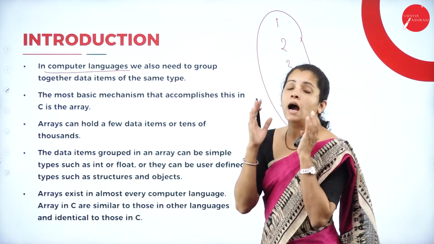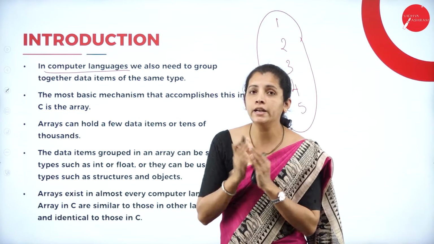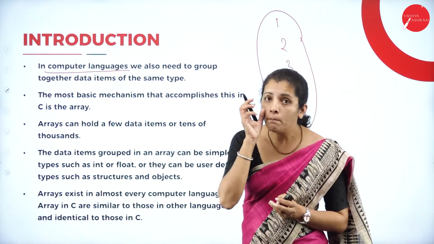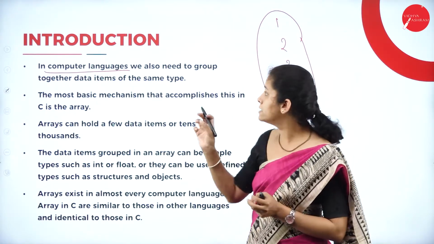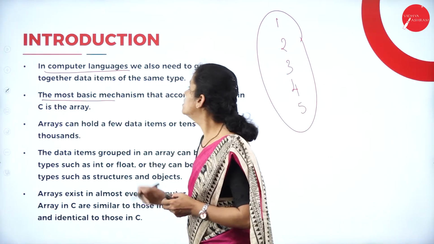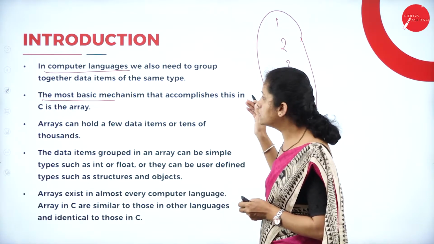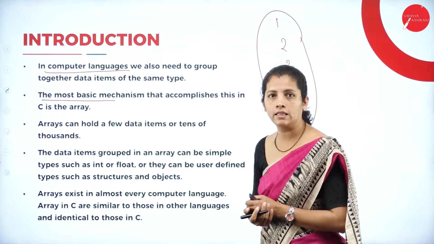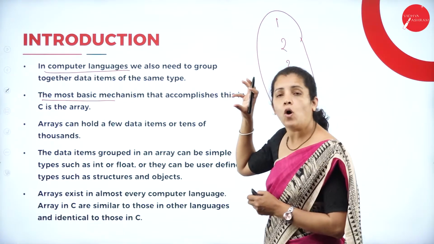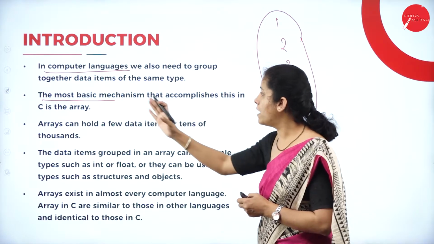So when I have a group of items and I can identify those items by the same name, it is known as an array. The most basic mechanism that accomplishes this in C is the array. That means to group all the items together in a C program, I have the array.